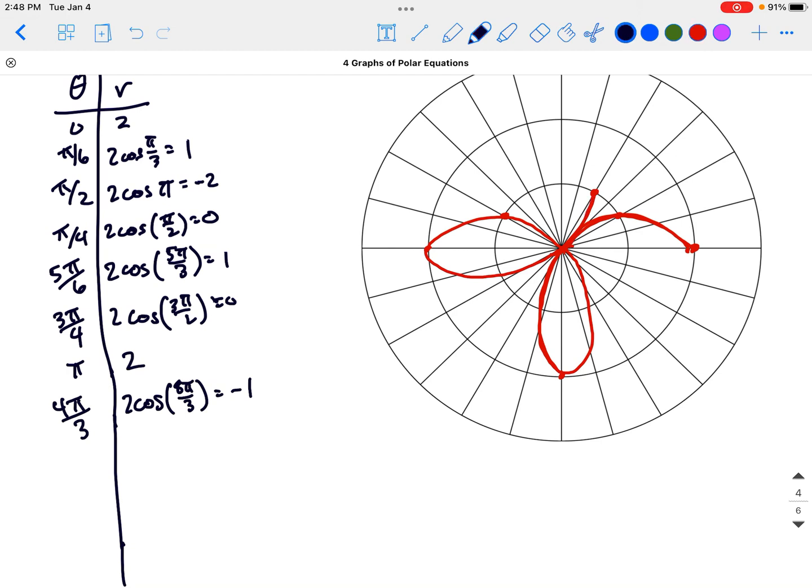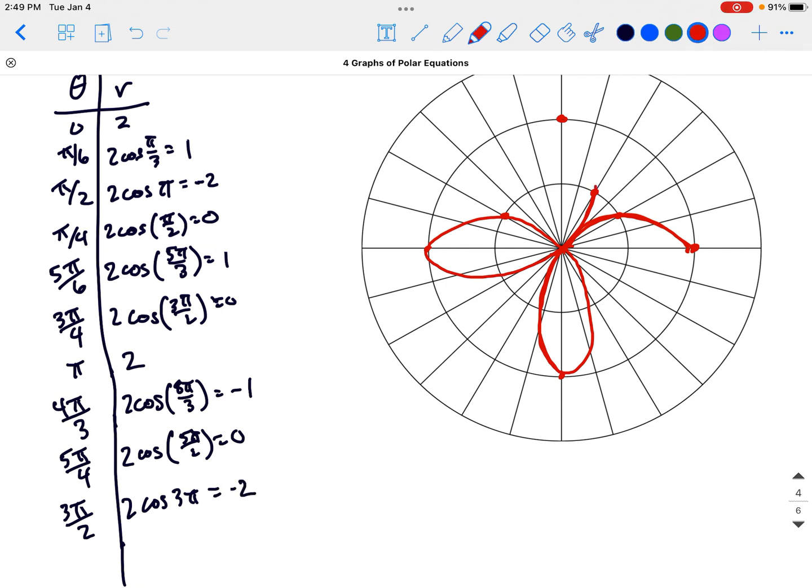And I'm missing 5 pi over 4 in between, which will be 2 cosine of 10 pi over 4, which is 5 pi over 2, which is 0. So again, very quick rotation back to 0. And so at 3 pi over 2, we're going to be at -2.